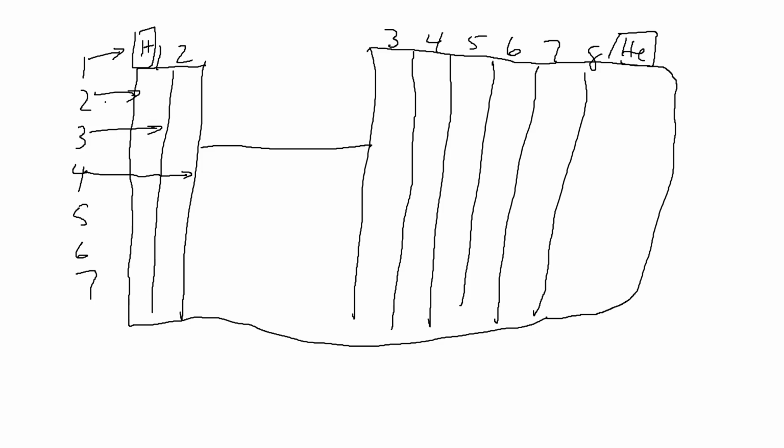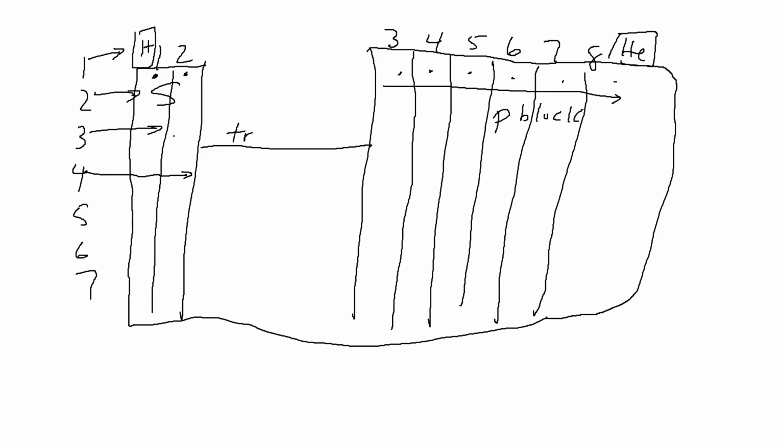Now, groups 1 and 2 on the periodic table are your s block, and they can hold 2 electrons. Groups 3 through 8 are your p block, and they can hold 6 electrons.